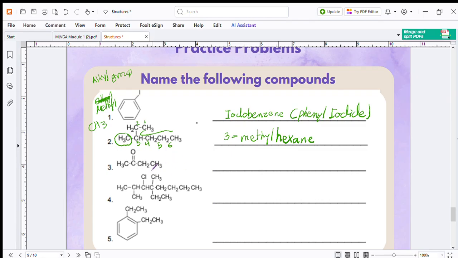So yung number 3 is as we see here, meron pong functional group dito. At as we said earlier, kailangan mag-start po tayo sa branching. So saan po mag-start yung numbering? It will start from this carbon. So sabihin natin 1, 2, 3, 4.